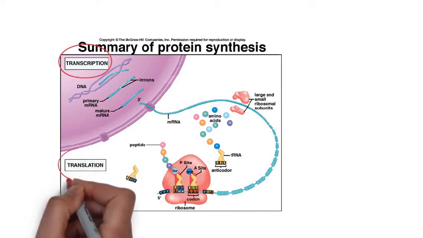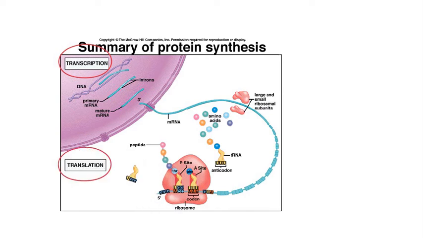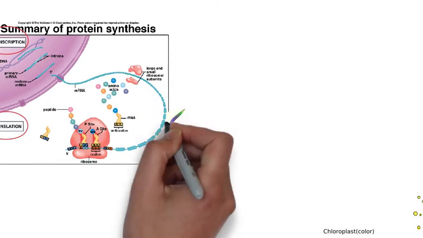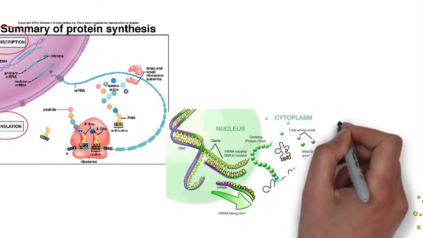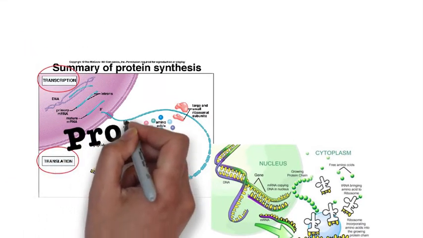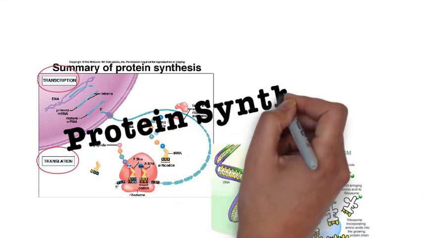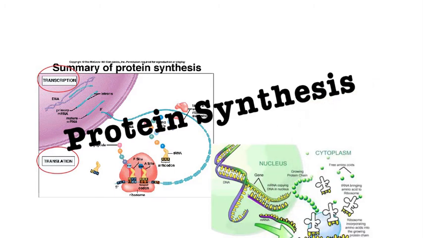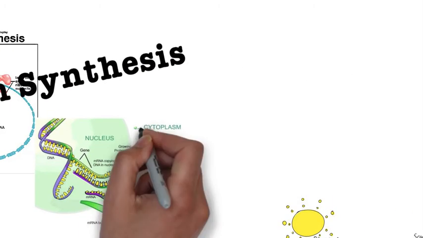That mRNA is going to leave the nucleus and run through that ribosome where the amino acids are going to be assembled together using tRNA in the code. Remember, the whole point of this is protein synthesis. We're making proteins. So as those amino acids are stuck together in that long chain, they're making what we call a polypeptide chain, which is the beginning of a protein.